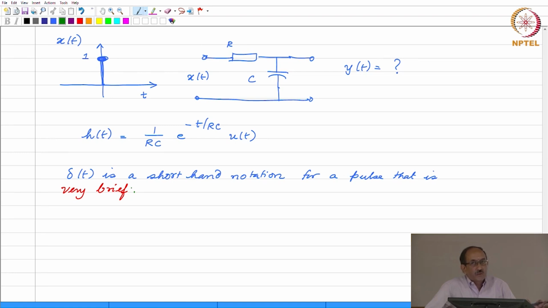To within the limits of this resolving power, making this pulse any briefer, independent of its shape, as long as the area is maintained, you will not be able to observe any difference in the measured output. That is all.